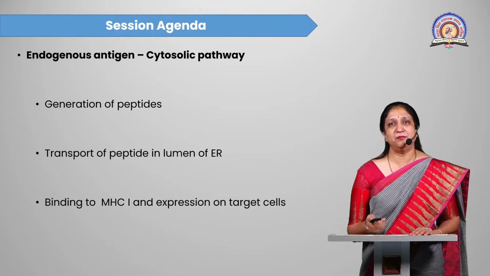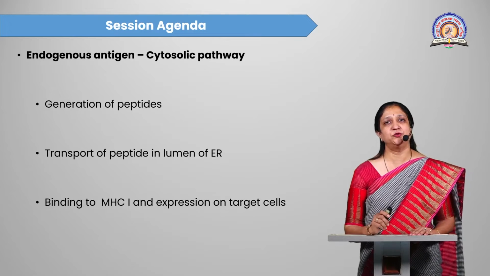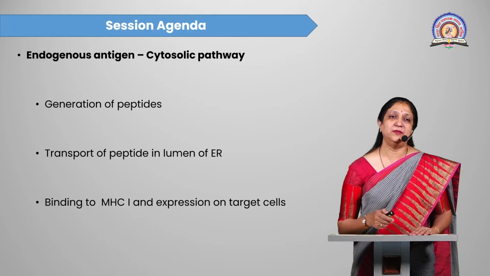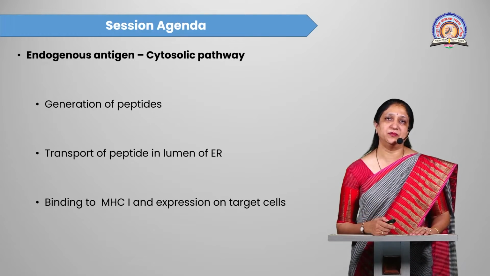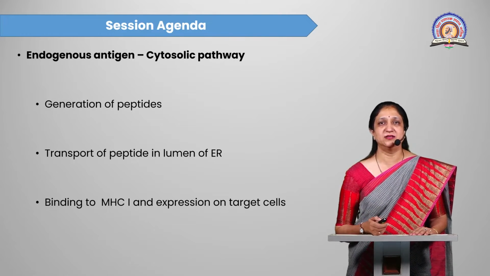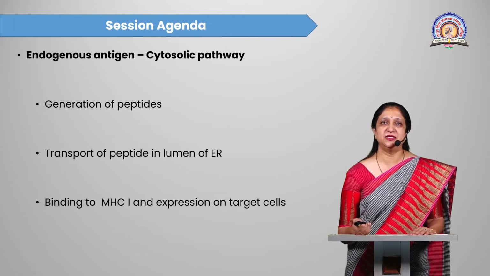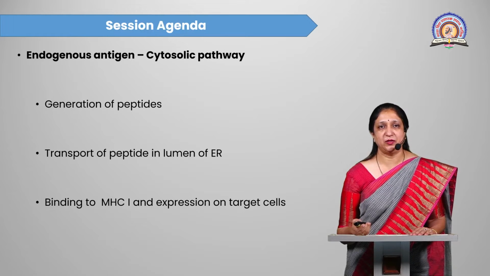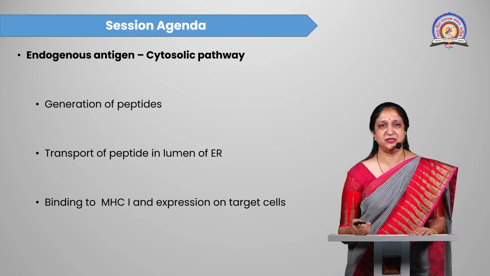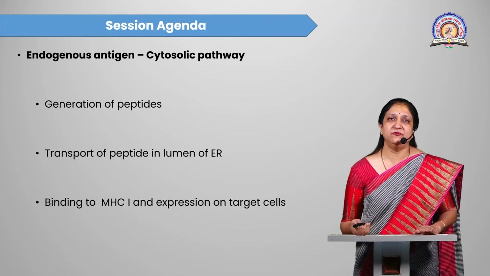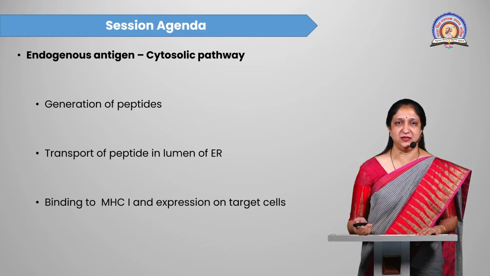After the binding of the antigenic peptide to the class 1 MHC molecule, the class 1 MHC molecule with the antigenic peptide is expressed on the surface of the target cells. So, in this lecture, we shall be studying the endogenous pathway of antigen processing and presentation, and the three different steps involved in this pathway in detail.